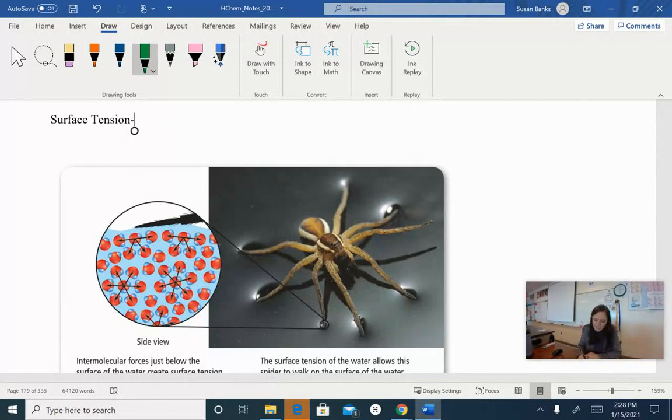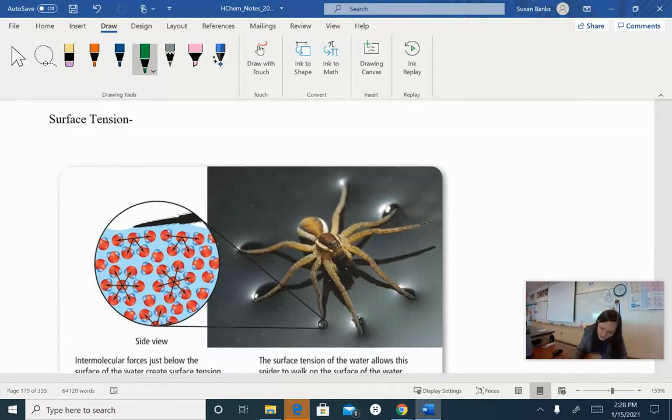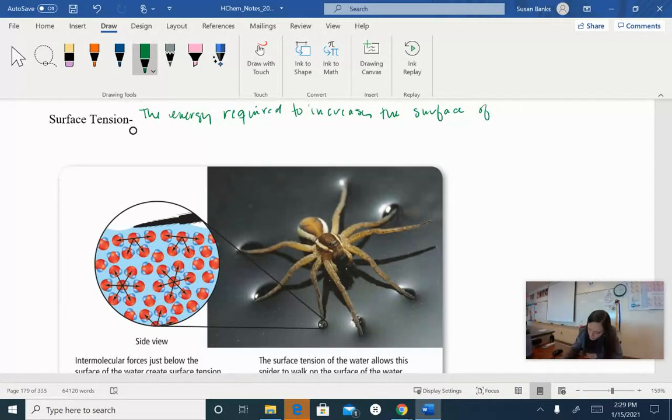So surface tension is basically the energy required to increase the surface area of a liquid.